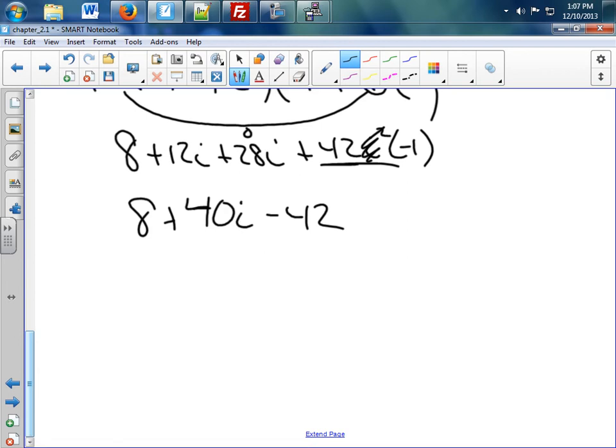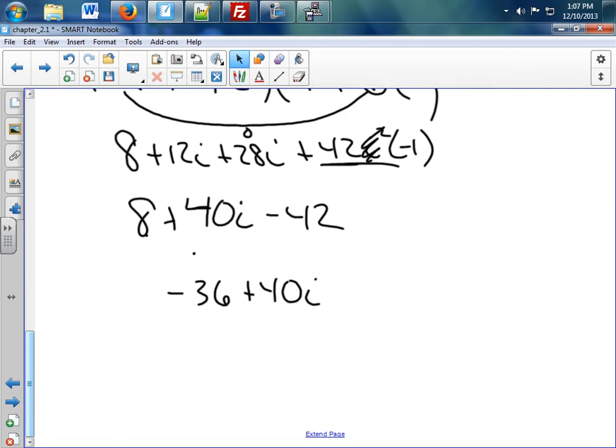Now you can add the 8. So now I'm going to take the 8 minus 42 and get negative 36 plus 40i. Wouldn't it be 34? 34! I can't subtract.